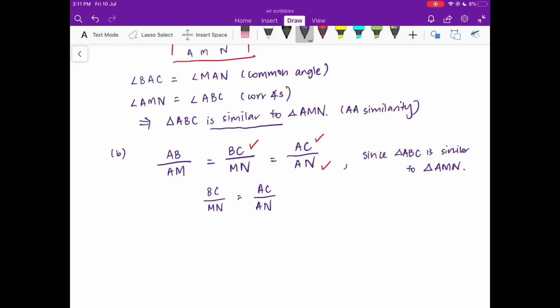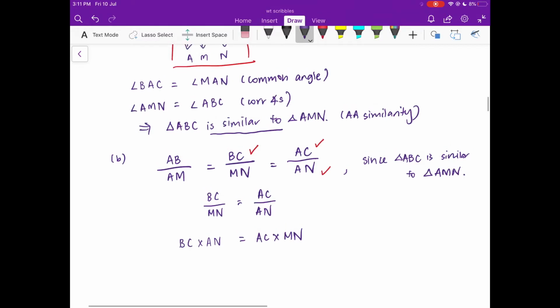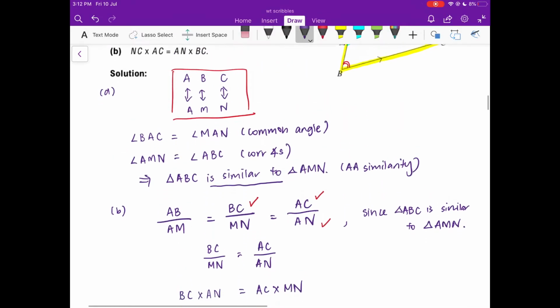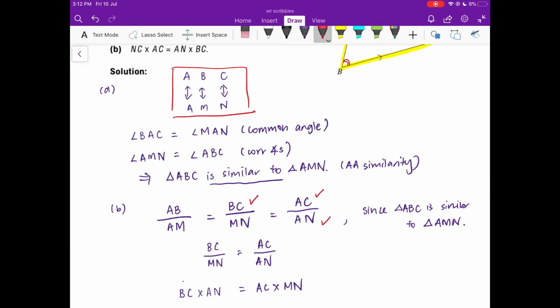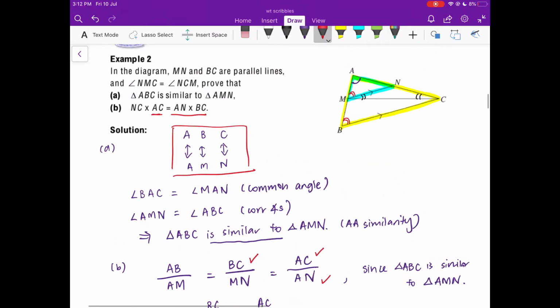Cross multiplying gives BC times AN equals AC times MN. Next, what is MN? Take a look at the question. We have AN and BC together, and we have AC together. How about NC?